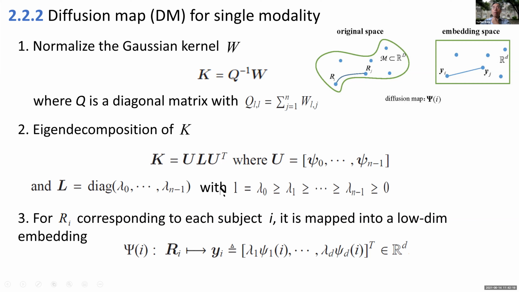In the eigen decomposition, we can sort the eigenvalues from the largest to the smallest. We can discard the least significant eigenvalues and the corresponding eigenvectors. This way, we can perform dimension reduction.